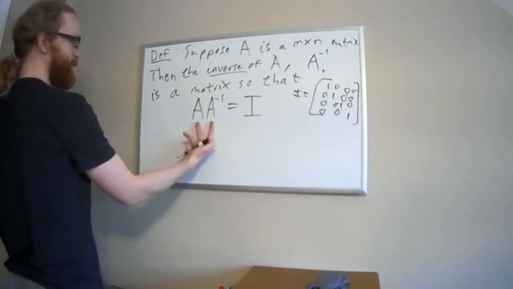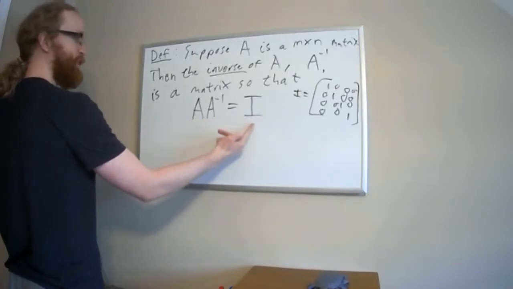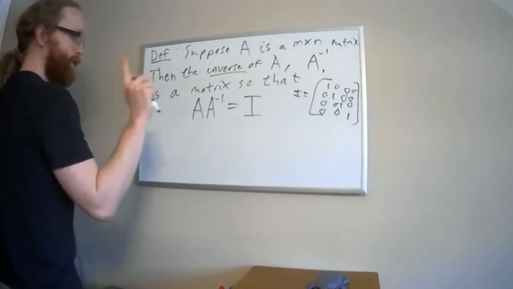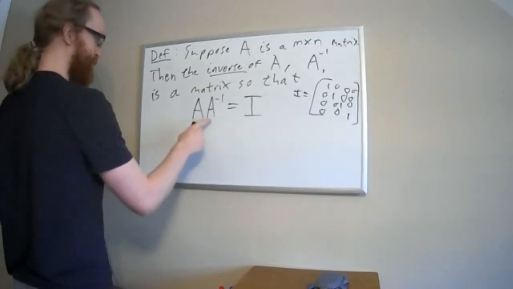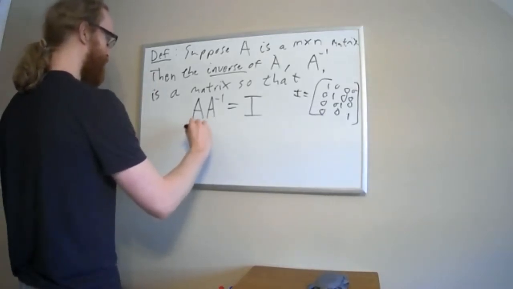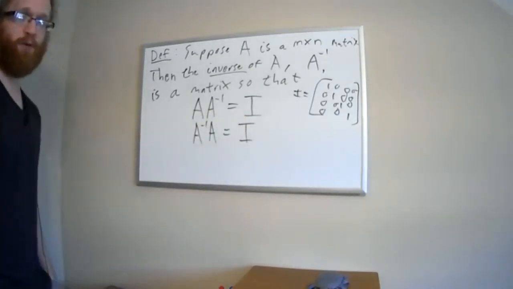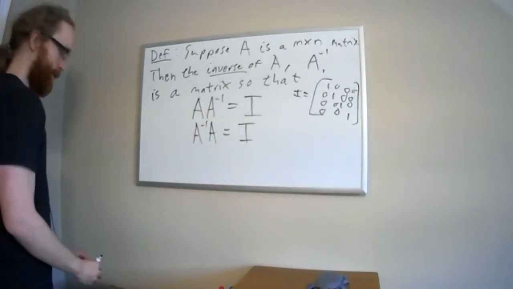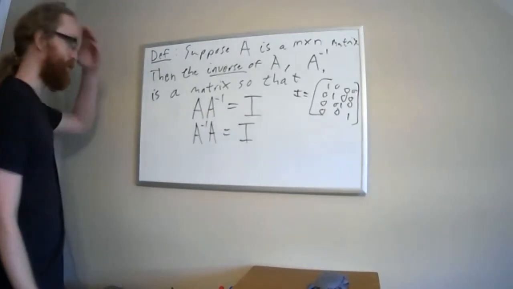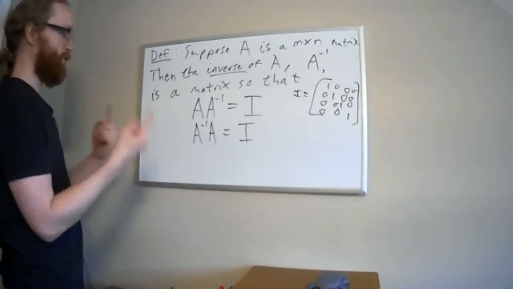So the inverse is defined by saying if I take A times its inverse, I should get the identity. There's one more condition, which just says that if I do this in the other order, A inverse times A, I should still get the identity. So if I multiply them in either order, I get the identity. I mentioned yesterday that in general, order matters when you multiply matrices.